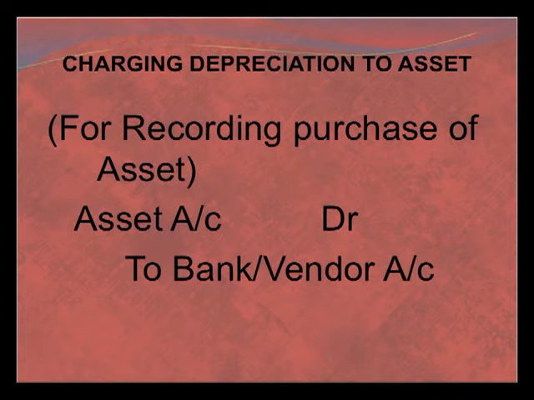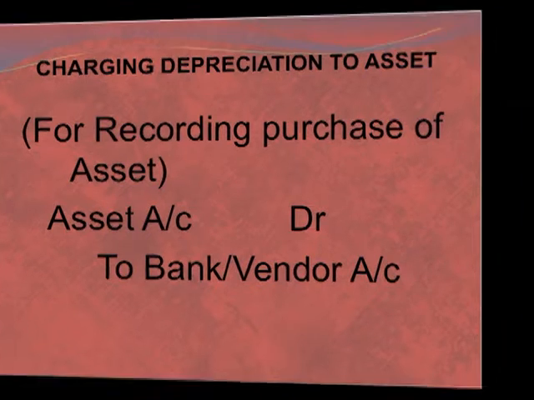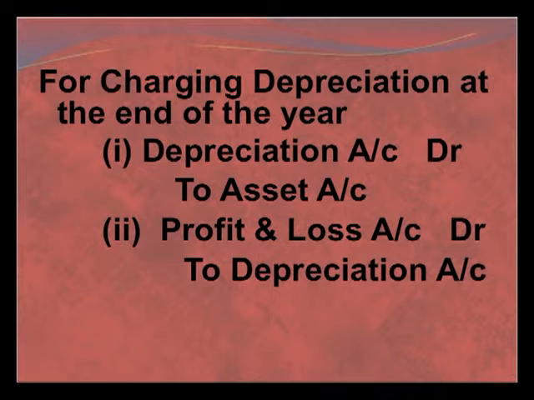So what is clear is that under the first method, when we directly charge the depreciation to asset account, first we pass the entry asset account debit to bank or vendor. Then at the end of the year, when we transfer the amount of depreciation, we pass the entry depreciation account debit to asset account, and then this depreciation is transferred to profit and loss account.